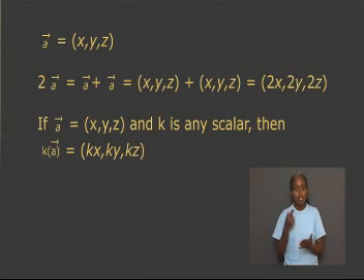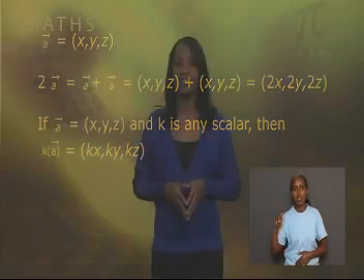This describes a vector with initial point at the origin and its terminal point at kx, ky, and kz.